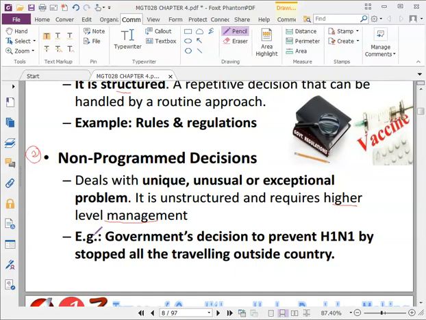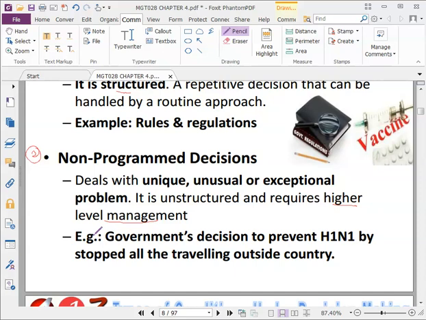Same goes with our situation today, okay, before the pandemic. Because of COVID-19, okay, we must close all the borders, right? Okay, borders with Singapore, borders with Thailand, okay, we close the borders so that the travelers will not come to Malaysia in order to reduce the COVID-19 spreadness, right?